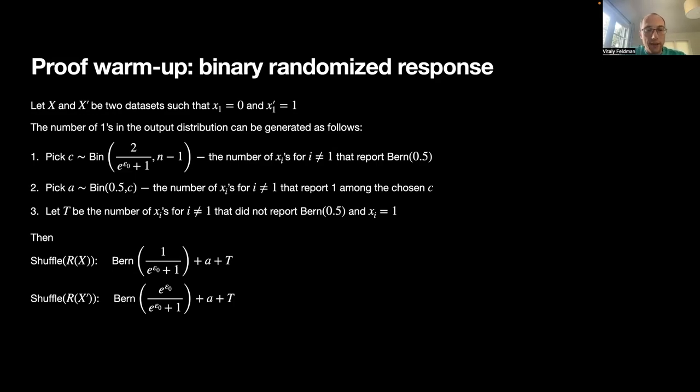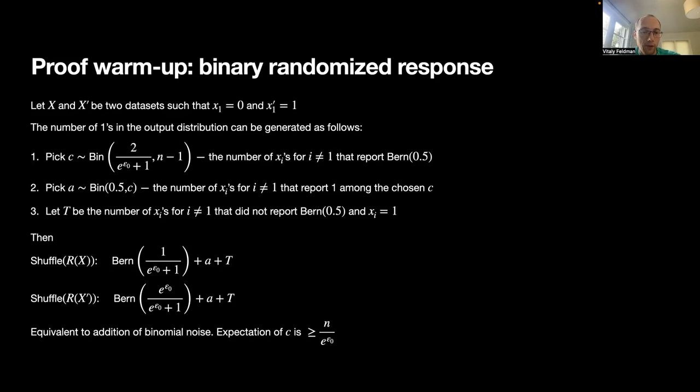The important part in this way of looking at the distribution is that both of these terms have this plus A term, which is a binomial distribution, and one way to think about it is as an addition of binomial noise with expectation C, where C is roughly n over e to the epsilon. This is roughly the number of users that will be outputting random unbiased coins.